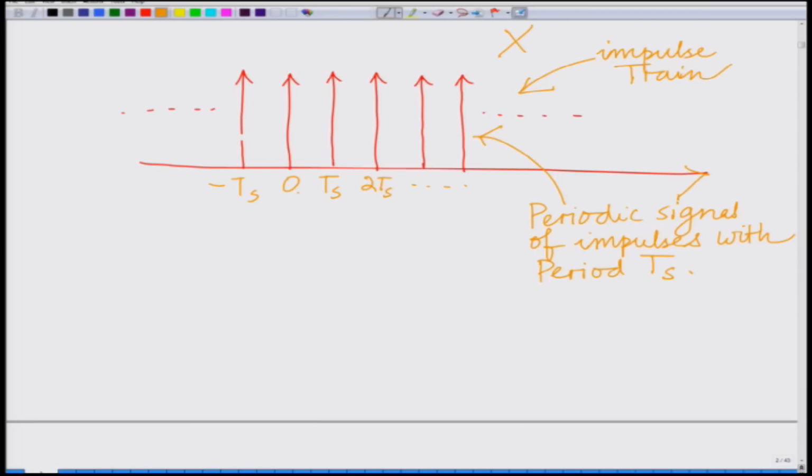When you multiply this impulse train with the signal, each impulse picks the level of the signal at that point. For instance, the impulse at 0 will pick the level of the signal at 0, the impulse at Ts will pick the level of the signal at Ts, and therefore they create a modulated train of impulses.